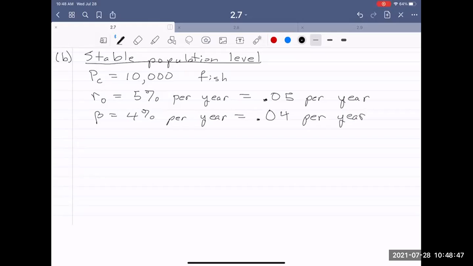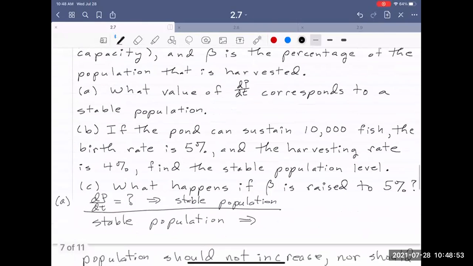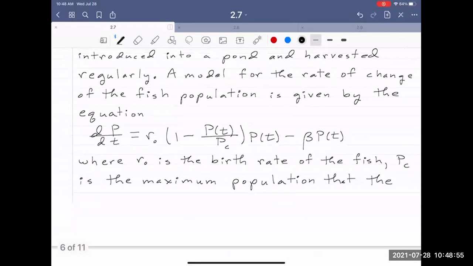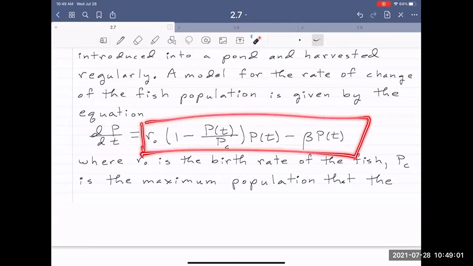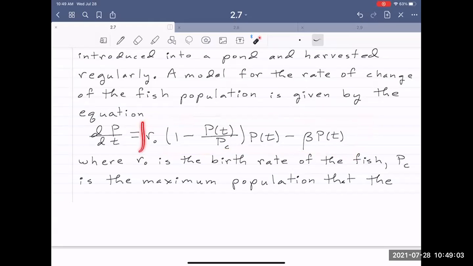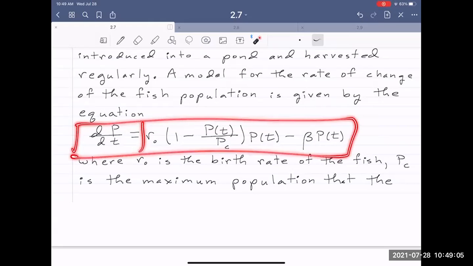And so I want to figure out my stable population, meaning I want this to be 0. So let me write, well, actually, maybe I'll write this whole thing down.